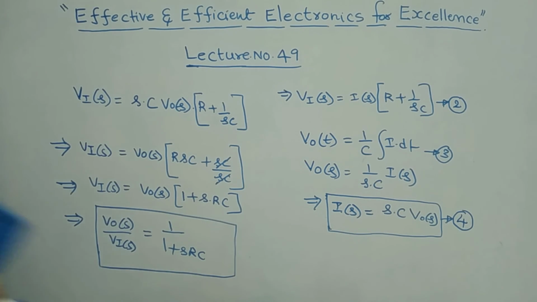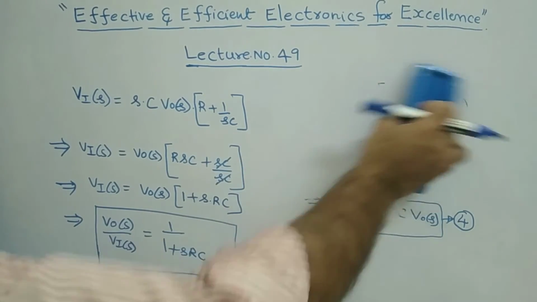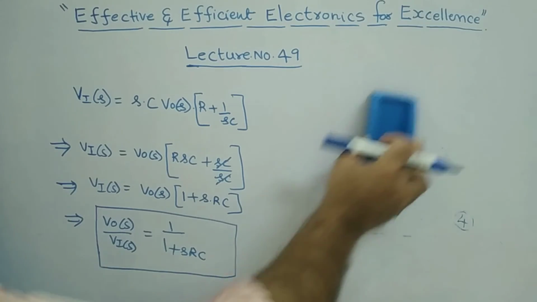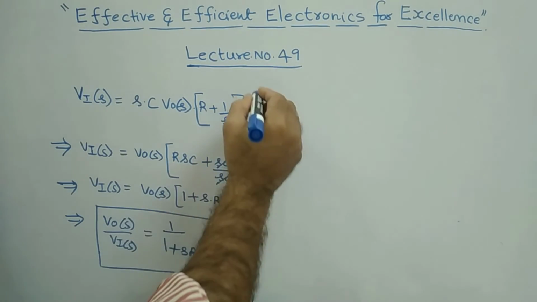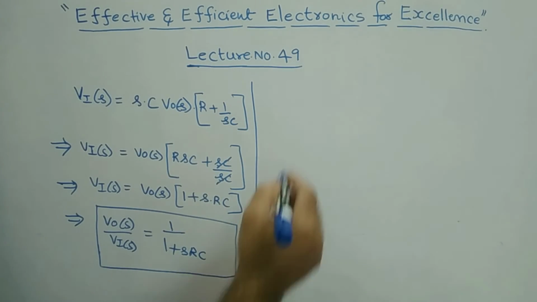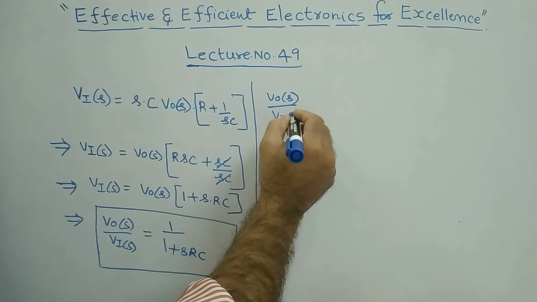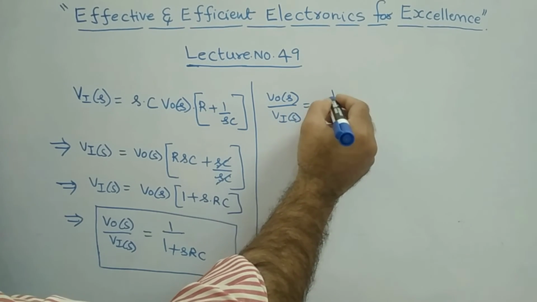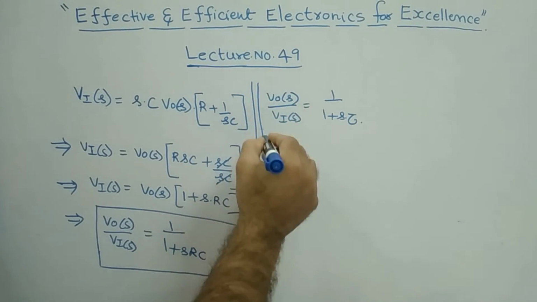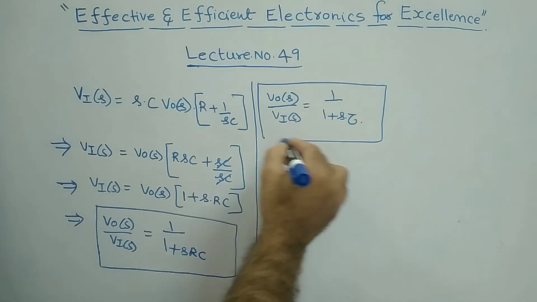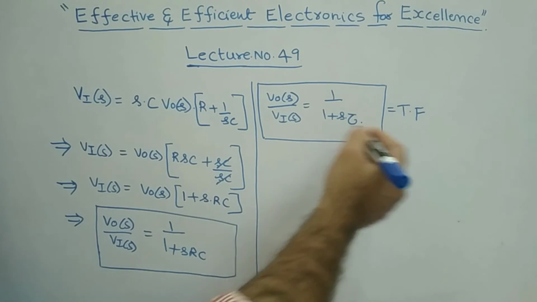Clear? A little further, you can write V naught of S by Vi of S is equal to 1 by 1 plus S into tau also. Remember that. This ratio is called your transfer function.